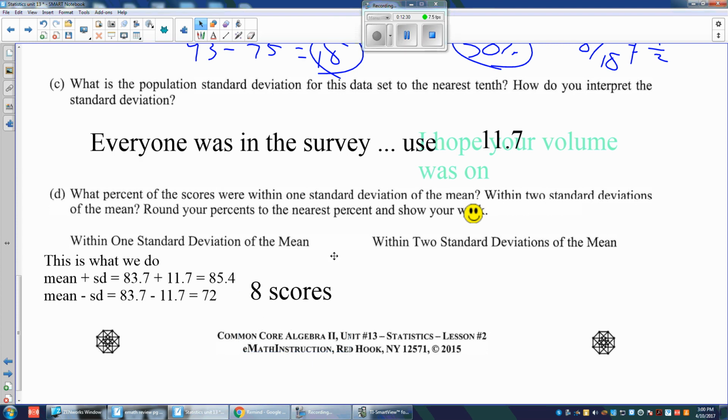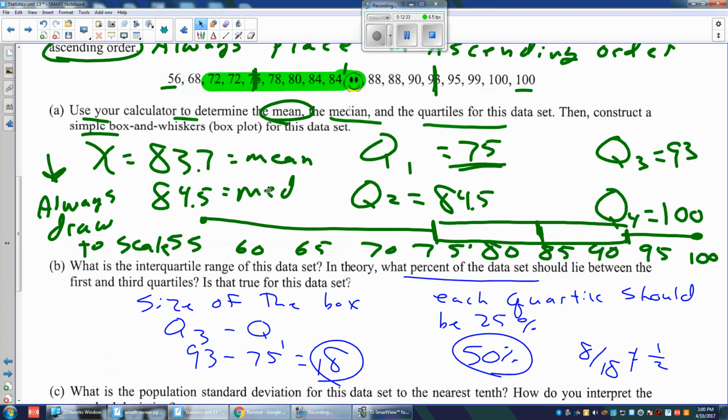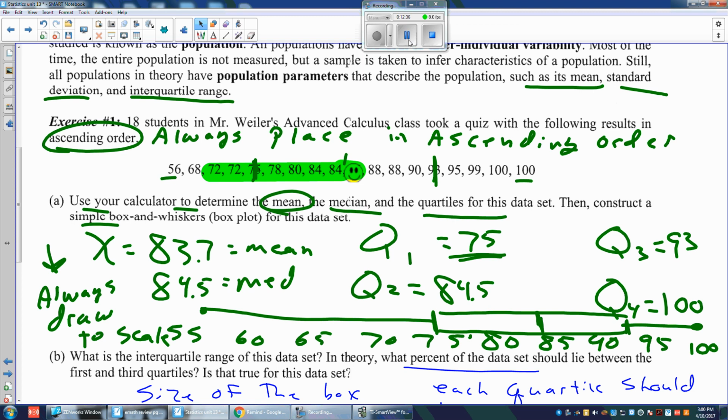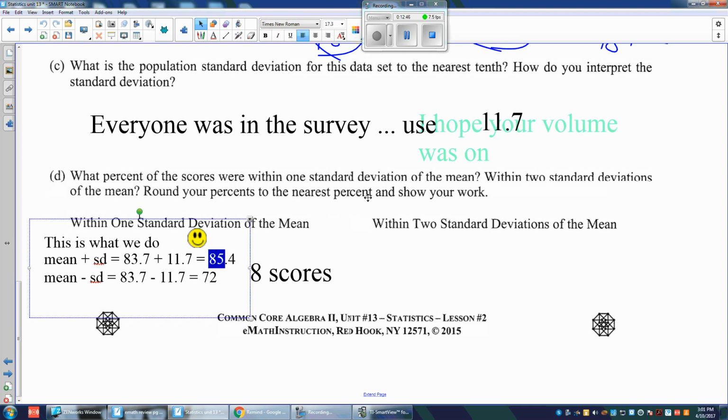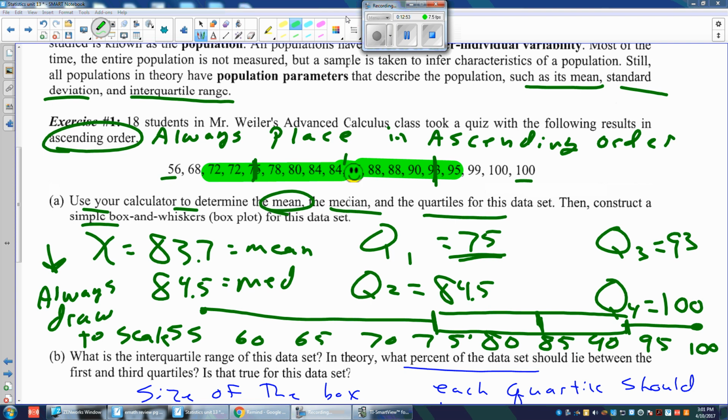Notice that the mean and the median are close to each other. I was noticing something, and thank you very much for shouting and saying, hey, Mr. Price, this is the wrong answer. 95.4. Extend it more. 1, 2, 3, 4, 5, 6, 7, 8, 9, 10, 11, 12, 13 scores. Okay.